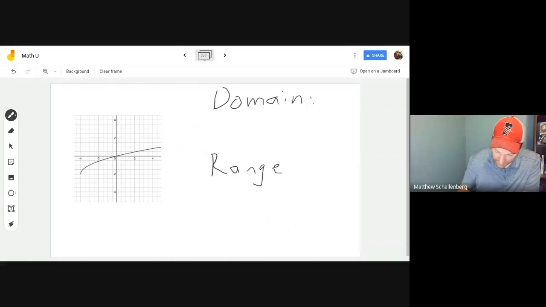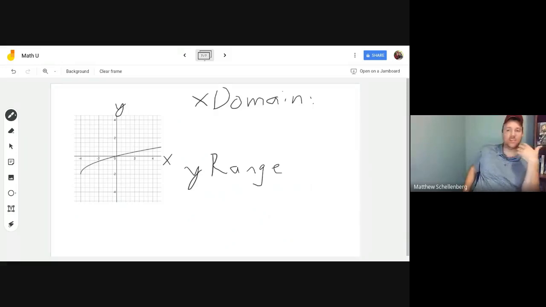Okay, so remember that domain is the x value, and range is the y value. And remember that this is the x-axis, and that is the y-axis. So what are all the possible x's that you get if you made a coordinate for each dot on that curve?